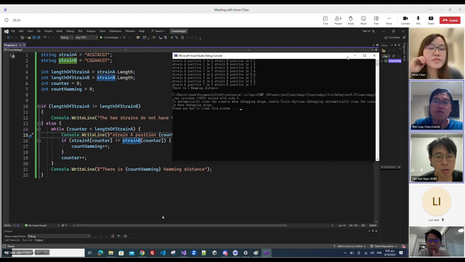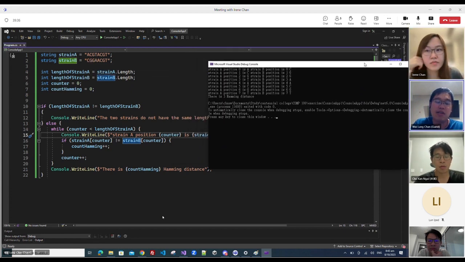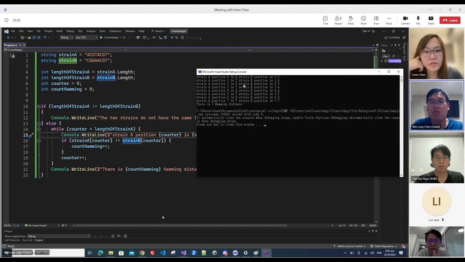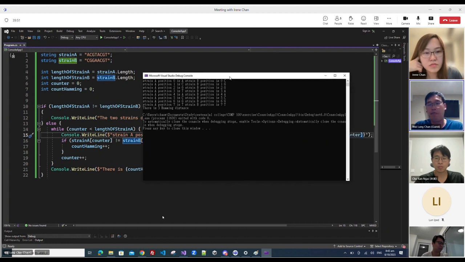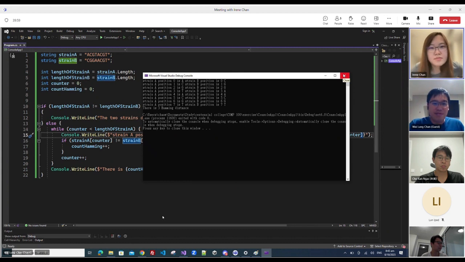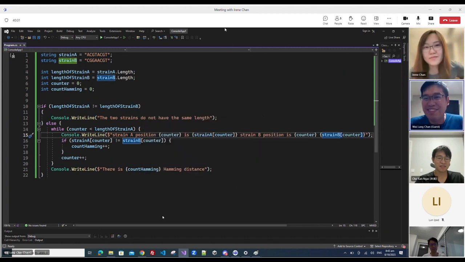So whenever you want to return a character in a string, you can use this to return the position. If you know the relative position of the character in the string, you can use this to return that character. Learn something new. Make sense?